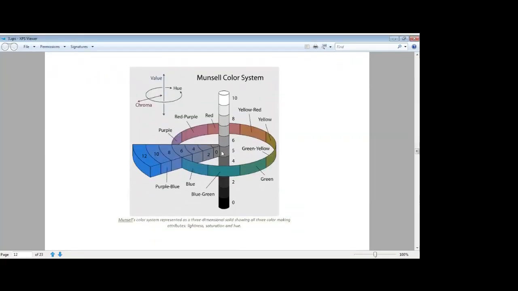If you see in this diagram, there are three components. One component in the y direction is value. Another is chroma, and on the third axis you have hue, right? Do you remember those formations of electric current where we used to have the thumb up and thumb down and the movement of current?